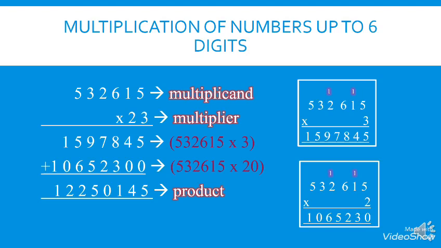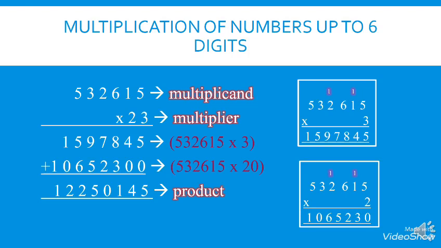Now we move to multiplication of numbers up to 6 digits with 2 digit and 3 digit numbers. Here we have to multiply 532,615 with 23. First of all, as you have learned from previous classes, you should know, dear students, the number which is to be multiplied is called multiplicand.